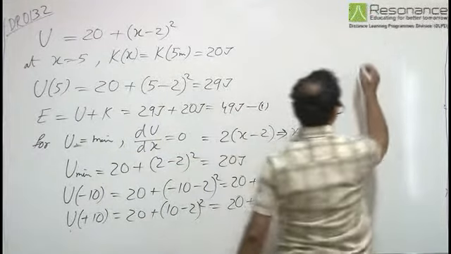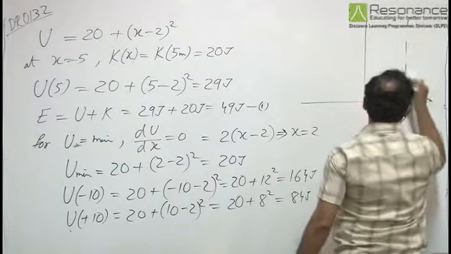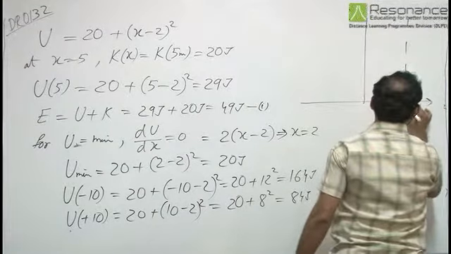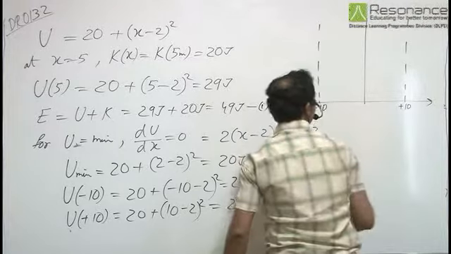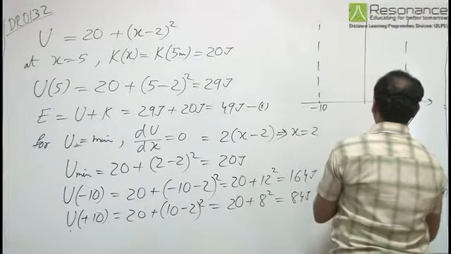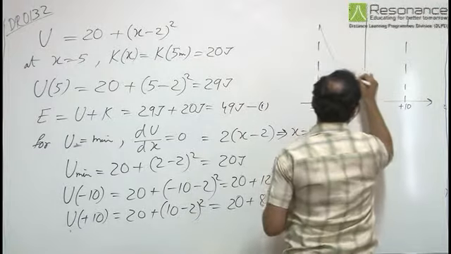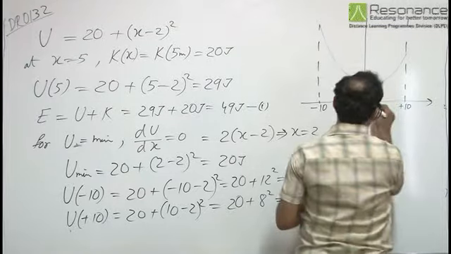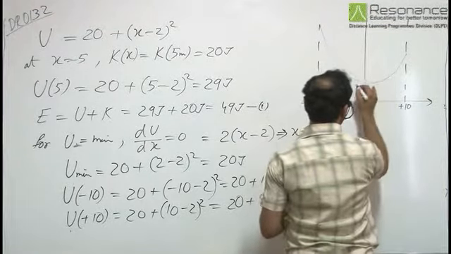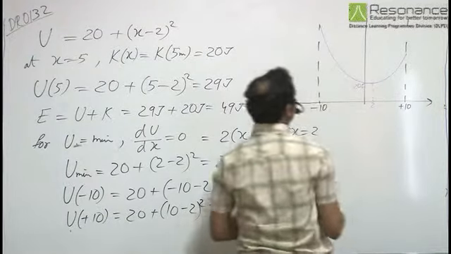So if I plot the graph between minus 10 and plus 10, the graph has a minima at x equal to 2, with minimum value 20 joules.